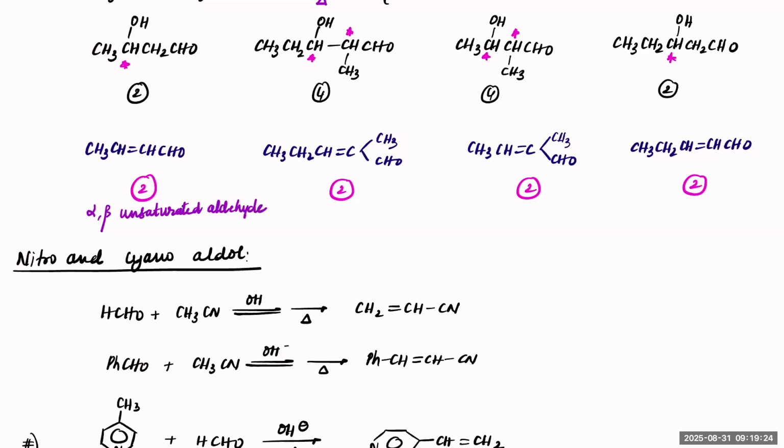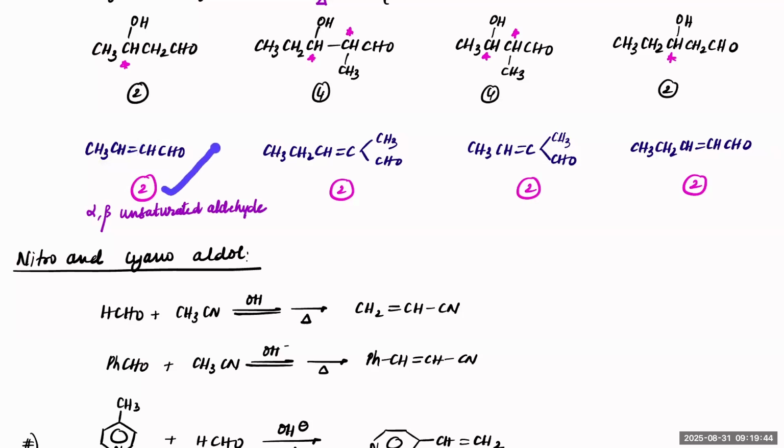An alpha beta unsaturated aldehyde is what we call the condensed aldol. You can see this is alpha beta unsaturated because this is the alpha position, beta position. There is a double bond on those two positions with CHO. And with respect to this double bond, I can have cis and trans isomers.